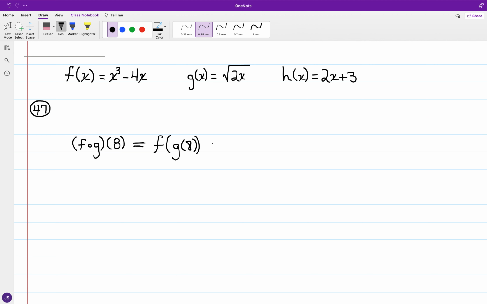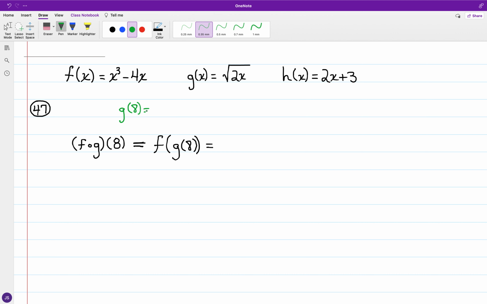For the input g of 8, we can get a specific numerical value by referencing g of x, whereupon x is equal to 8. So we go ahead and determine the value of g of 8.